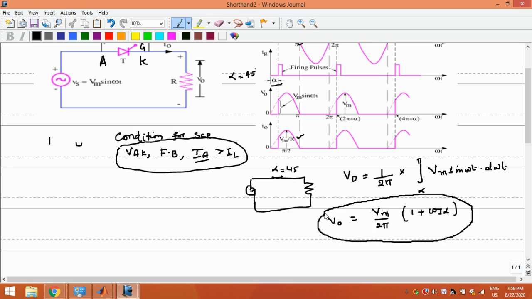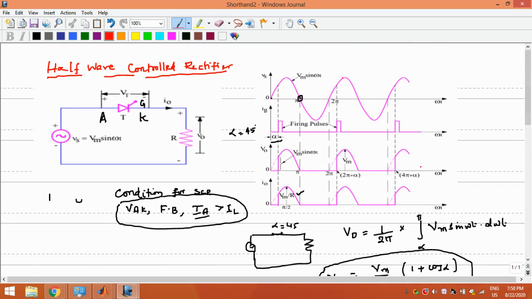All you need to understand is that you have control over your firing angle. When you change your firing angle, automatically your average output voltage is also changed, right? So this is the performance of a rectifier.